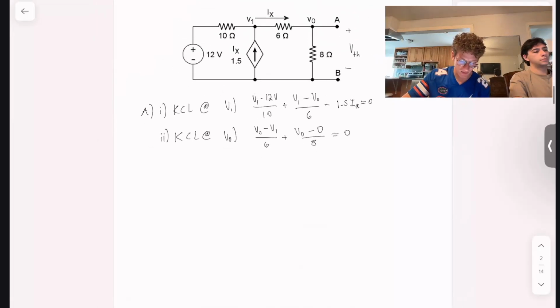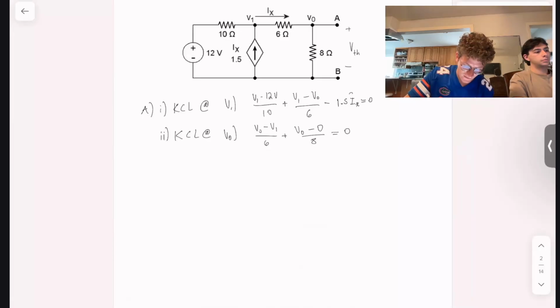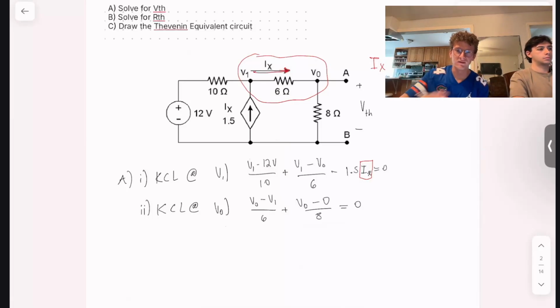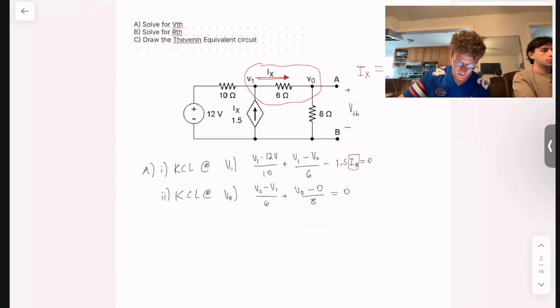And then equation number 3, we have this IX value. I'll put that in red for readability. IX right here can just be described as the voltage drop across this resistor, so V1 minus VO over your 6 ohms.